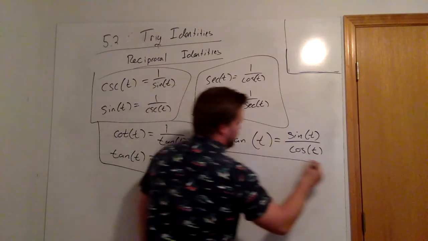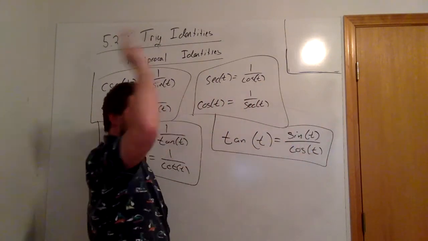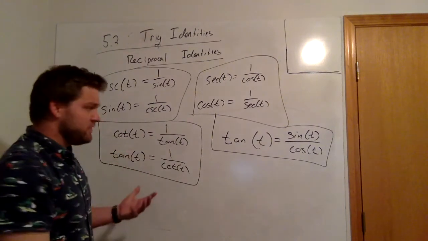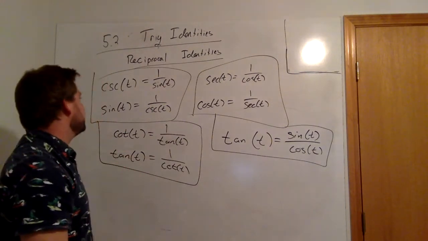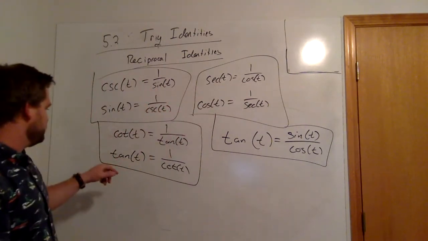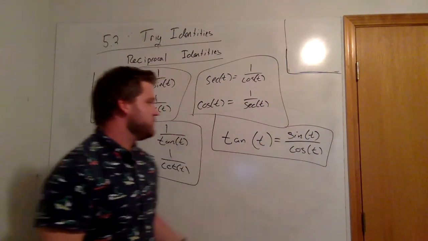This says that tangent is the same thing as that line on the unit circle. Whenever I'm thinking about trig functions, I always think about them in terms of sines and cosines. Any trig function you can write in terms of sines and cosines. Tangent is the same as sine over cosine.